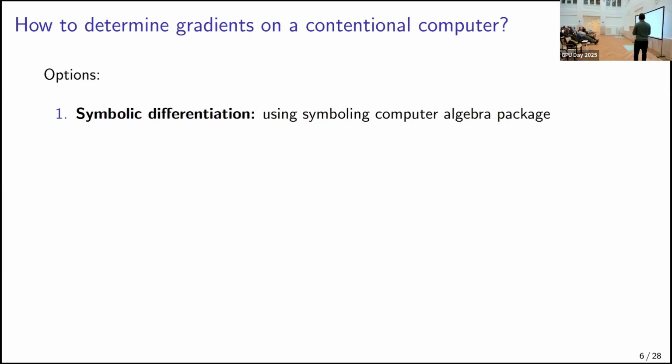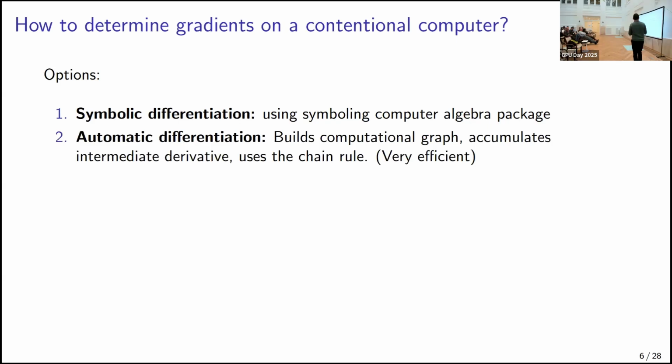One is symbolic differentiation. I'm talking about a conventional computer, sorry, a traditional computer. On a traditional computer, you can do symbolic differentiation using some symbolic computer algebra package. You can do automatic differentiation. It is very cool. It's very efficient.